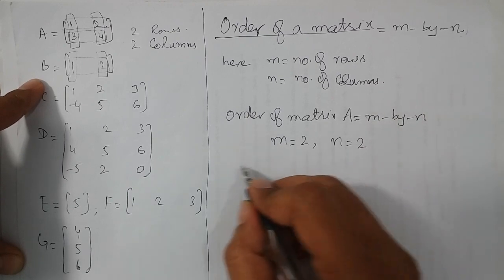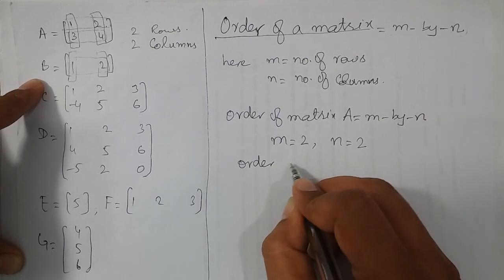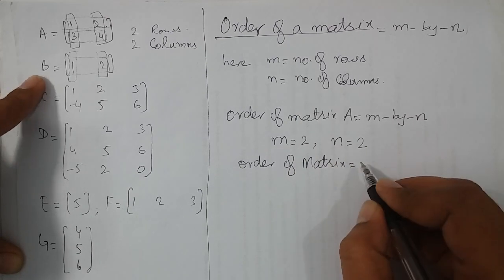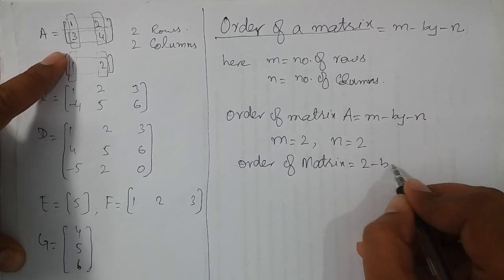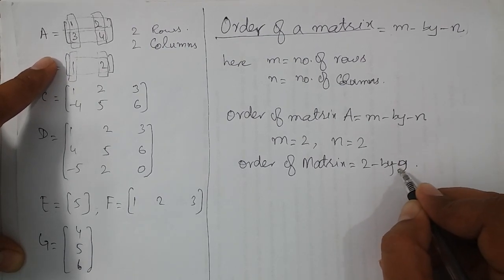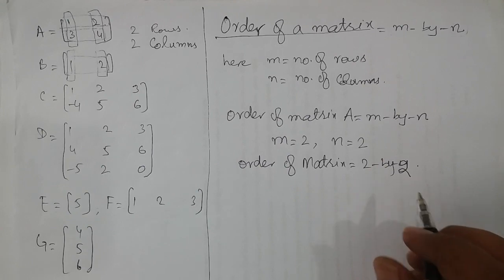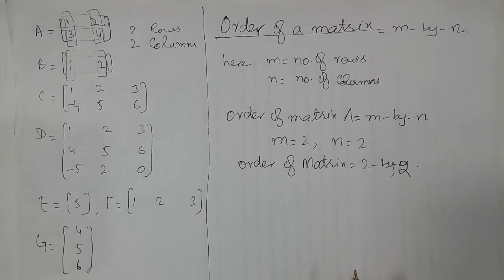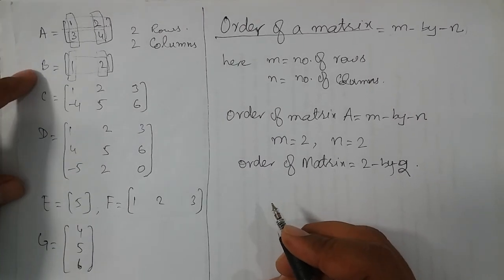So the order of matrix A is 2 by 2. Similarly, we can write the order of the other matrices as well.